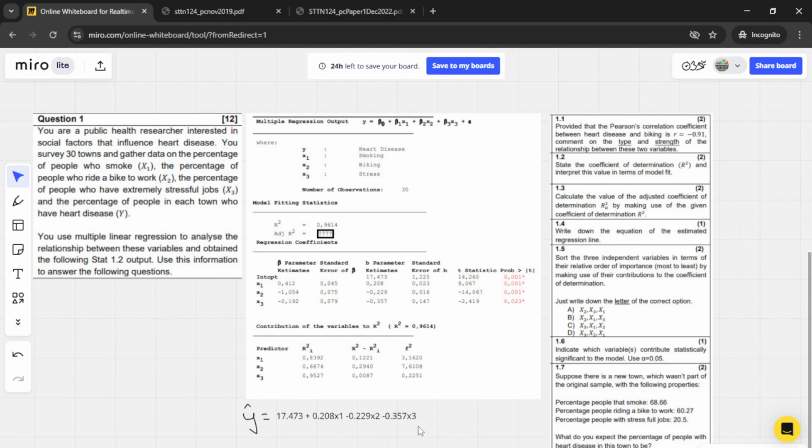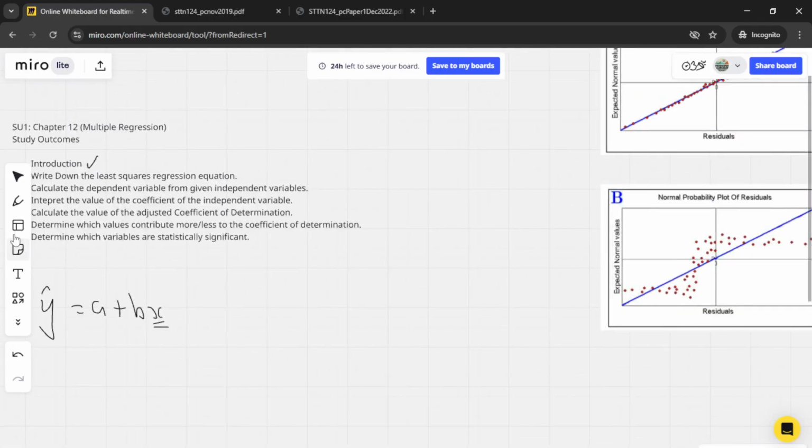Ne? It's simple as that. So in all of the questions that include multiple regression, and they ask you about the least squares regression equation or the least squares regression line, that is how you answer that question. So that means we answered that question there, we got our mark, and simple as that. We are done with this one.